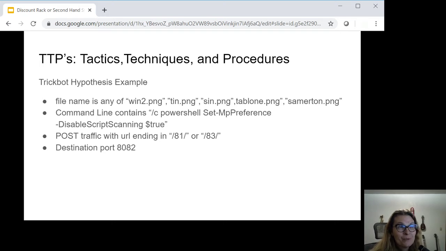At a time, it would try to disable certain scanning by Defender. Its post traffic was very specific. It posted and had directories 81 and 83 based on what module had been downloaded, and sometimes the port. So this was a hypothesis that worked really well for catching Trickbot, and we could build off of it.